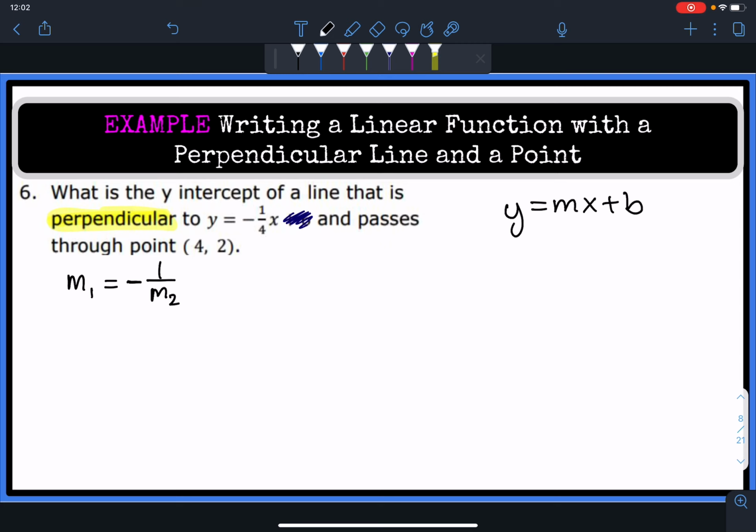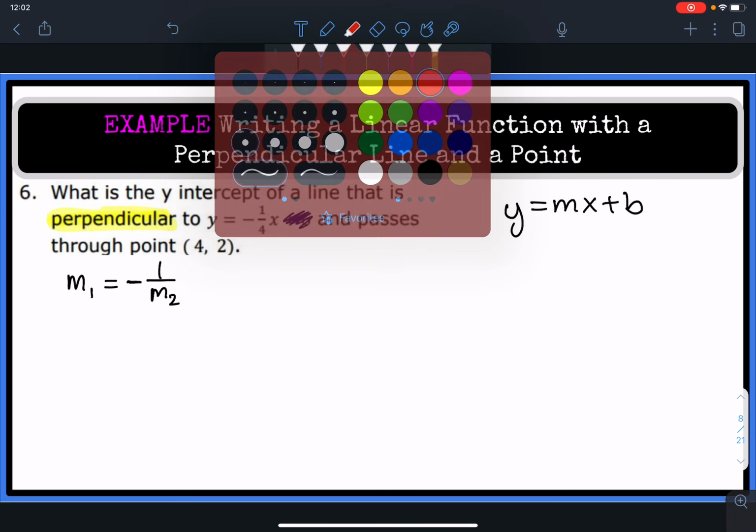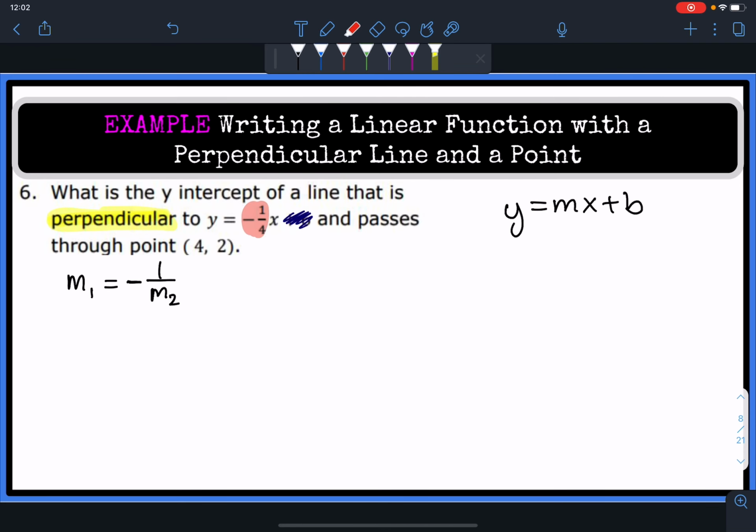So if this line has a slope of -1/4, to get the opposite and reciprocal of it, to flip it like that, the new slope that I'm going to use here for this m right there has to be the opposite of -1/4, which is positive, and it has to be the reciprocal of 1/4, which is 4/1. So this is the number I'm going to use for this m.